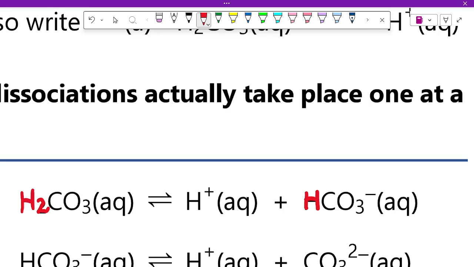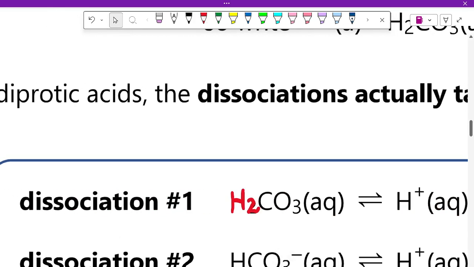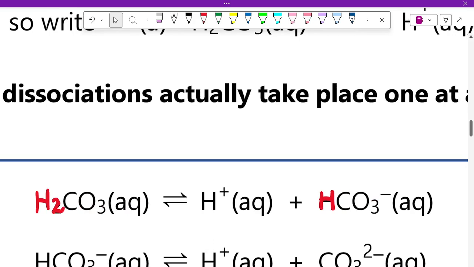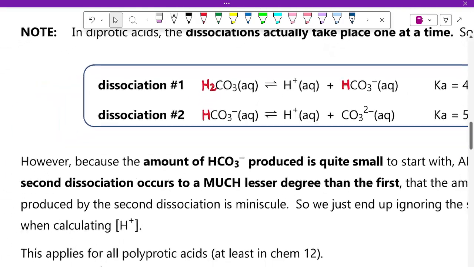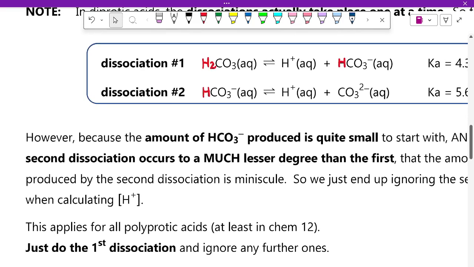And then secondly, we have our second dissociation, number 2, where the HCO3 minus loses the second hydrogen, and we just have CO3 2 minus. But we just ignore the second one. This applies for all polyprotic acids, at least in chemistry 12, so just do the first dissociation and ignore any others.